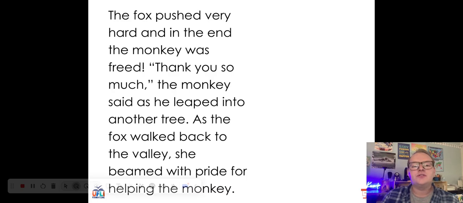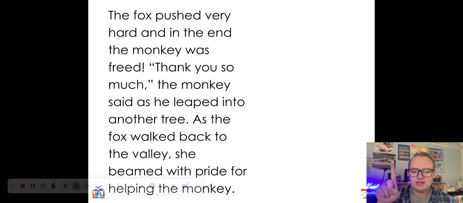The fox pushed very hard, and in the end, the monkey was freed. "Thank you so much," the monkey said as he leaped onto another tree. As the fox walked back to the valley, she beamed with pride for helping the monkey.